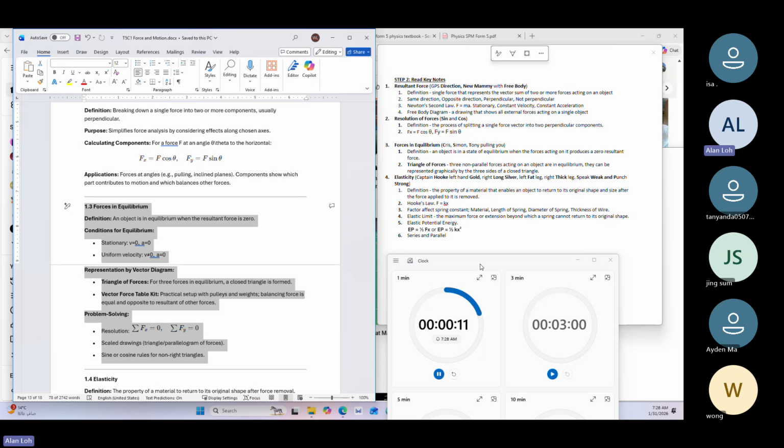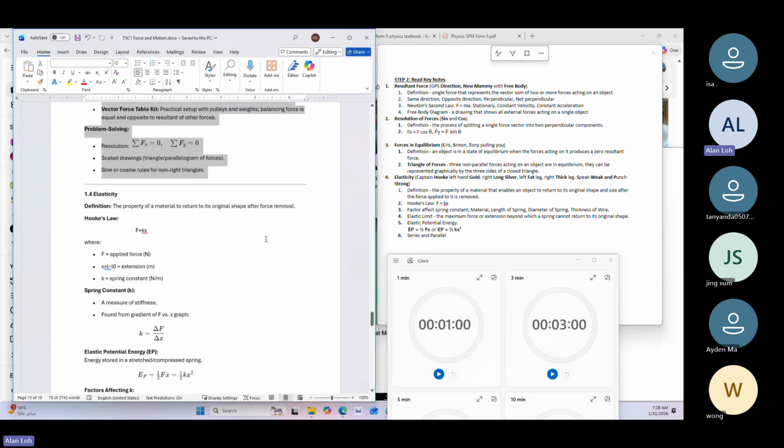Ten more seconds. All right, let's go to the last drawer.